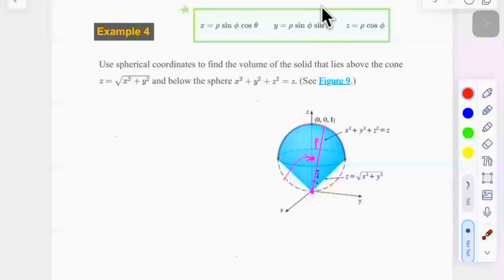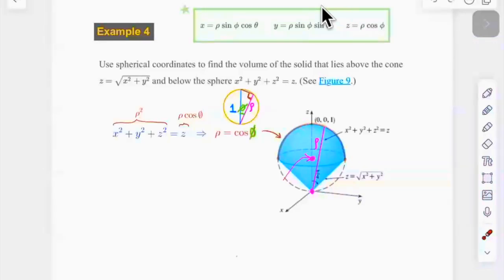Example 4. Use spherical coordinates to find the volume of this solid that lies above this cone and below this sphere. Now, this equation of the sphere, we can rewrite x squared plus y squared plus z squared as rho squared.